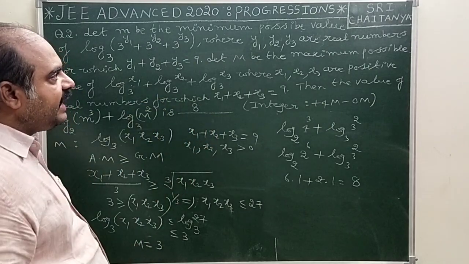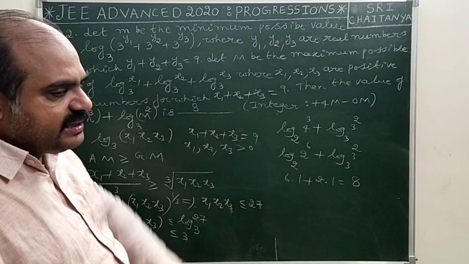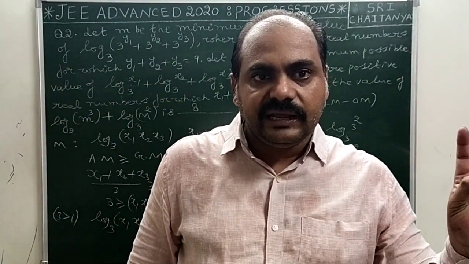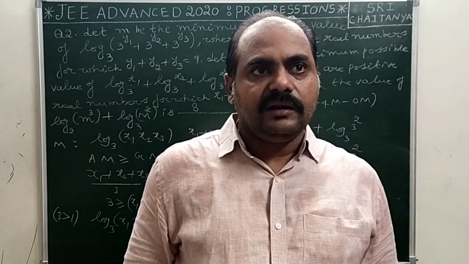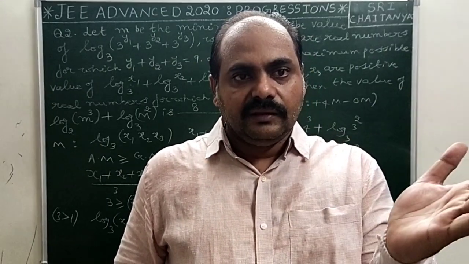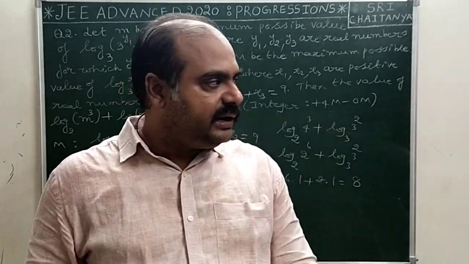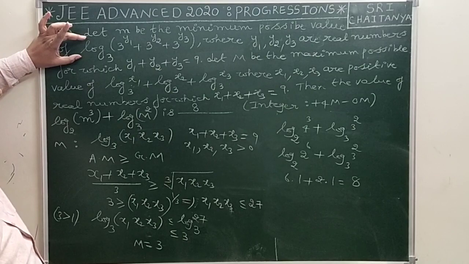Here the examiner's mind is to check whether you know the AM-GM inequality or not, and then applying logarithm to the inequality. If one inequality is there and you apply logarithm to that inequality, what happens? That's why here you must get an idea.